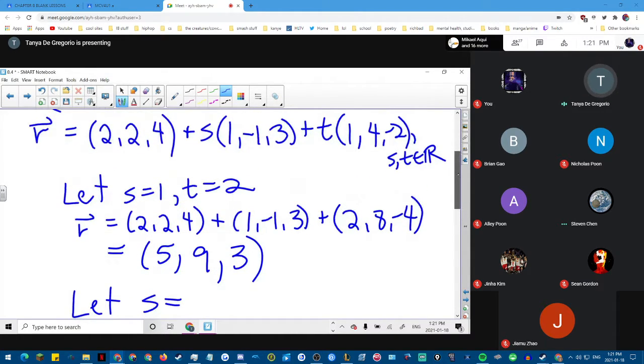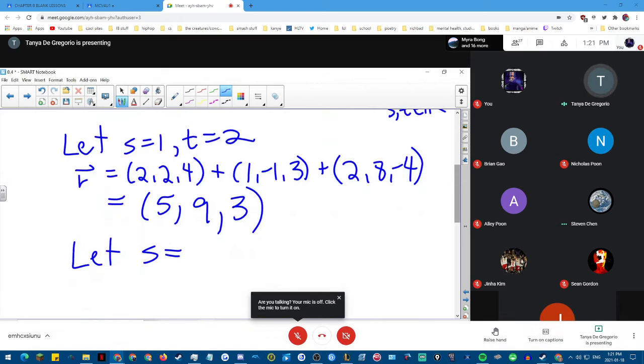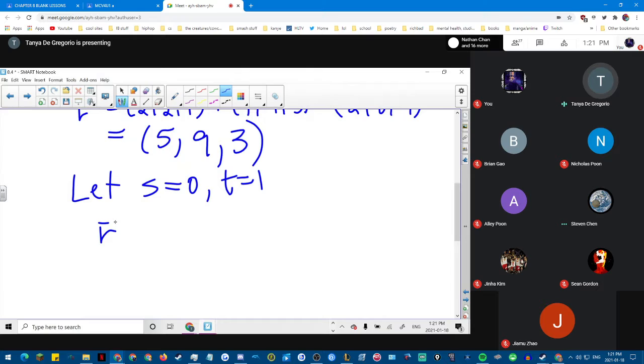Not both, but you can, if you want, choose one of them to be 0. Not both, because then you're going to get the same point, right? But you can let S equal 0, let's say here, and T equal 1, just to find your point, right? Because you're just finding a point. So as long as you have one direction vector, you're okay.